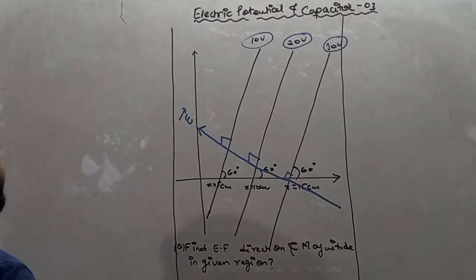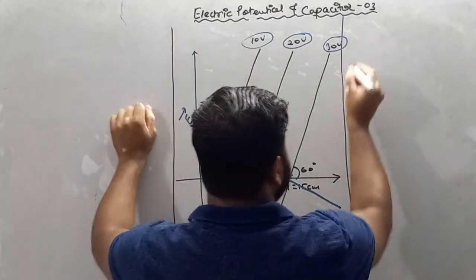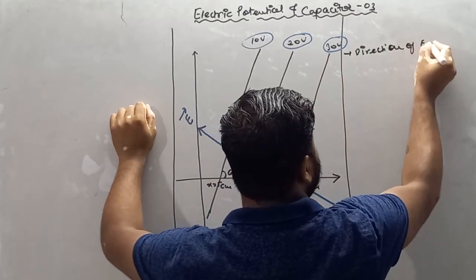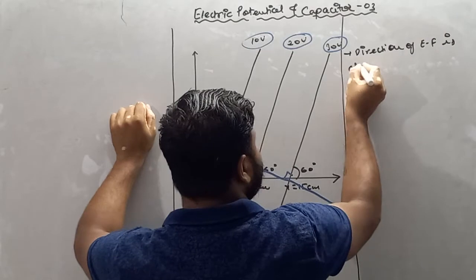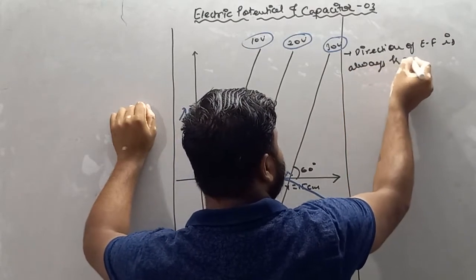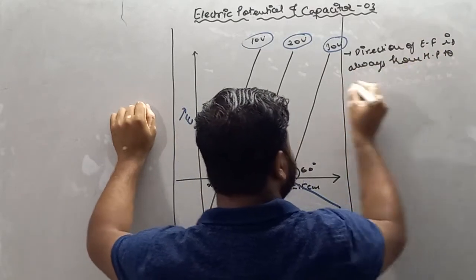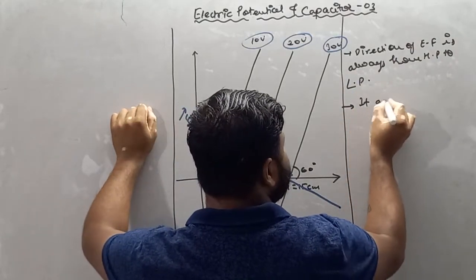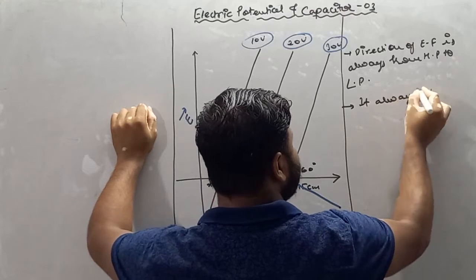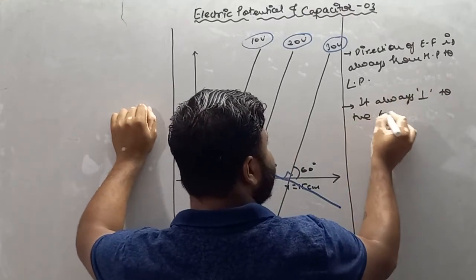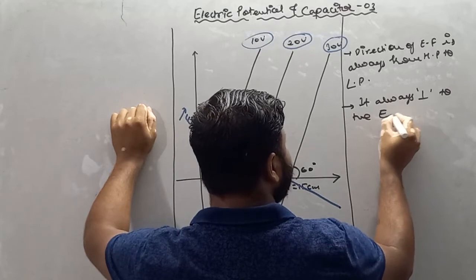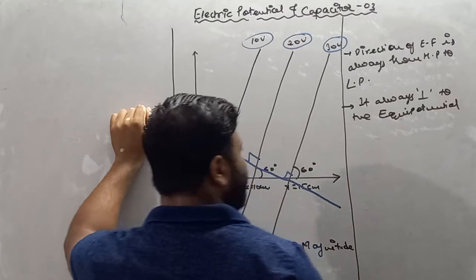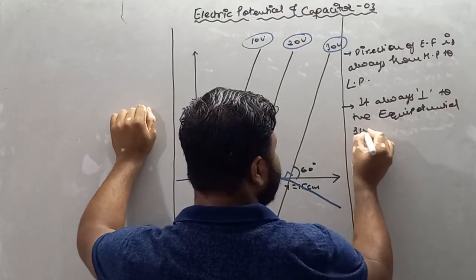So I'll write: the direction of electric field is always from higher potential to lower potential, first thing. And second thing, it is always perpendicular to the equipotential surface.